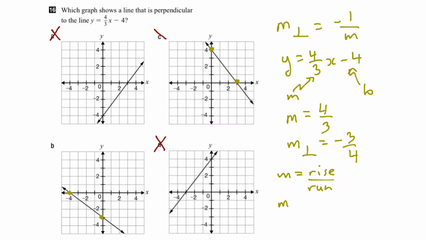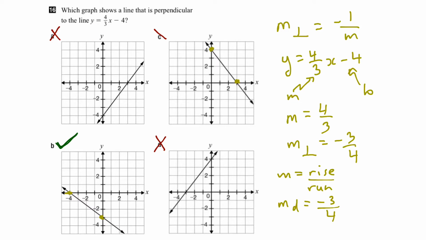So our slope in this case would be down 3 and over 4. And if we compare these two values, we see that they are the same. Therefore, we know line B is the graph of a line that is perpendicular to the line y equals 4/3 x minus 4.